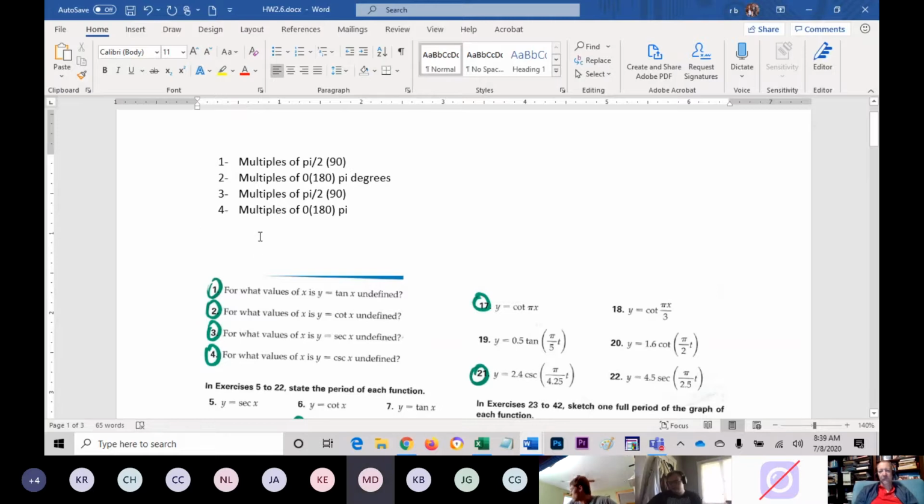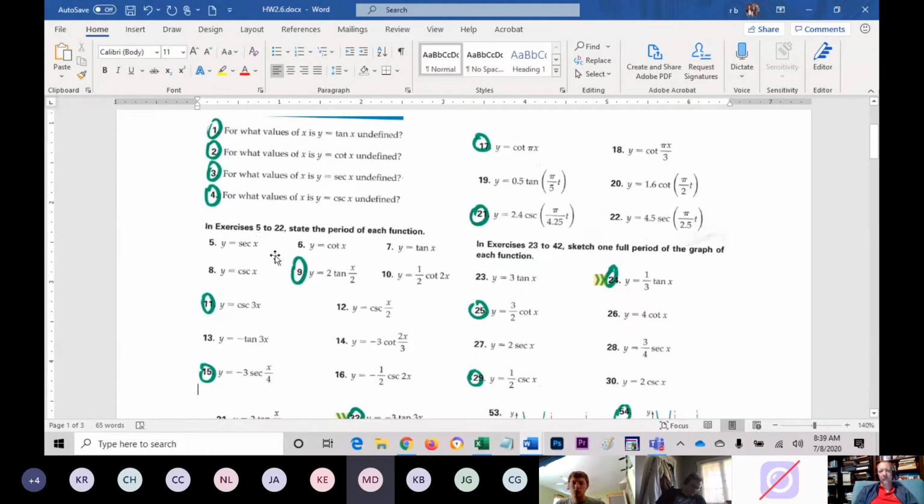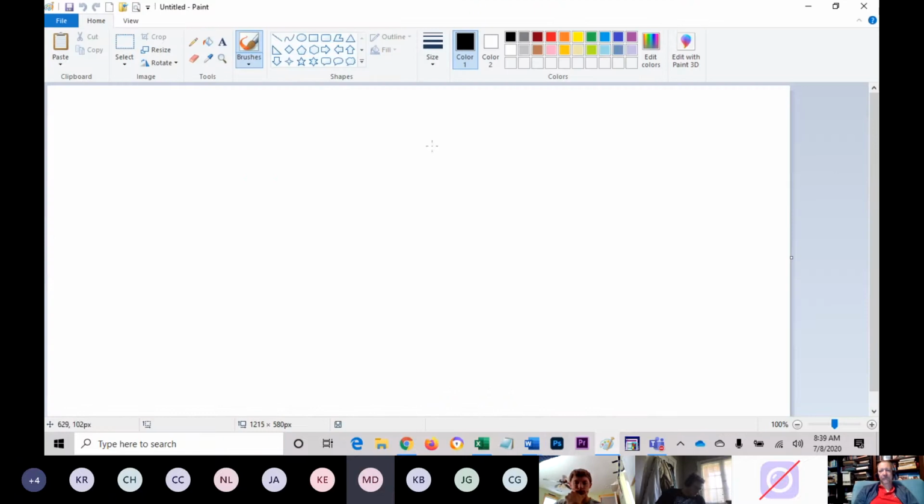I had a quick question about graphing the tangents. I'm pretty comfortable with the sine and the cosine with determining where to put the points on the x-axis. But on the tangent, for the period, you take that and then you stretch it across the origin, right?